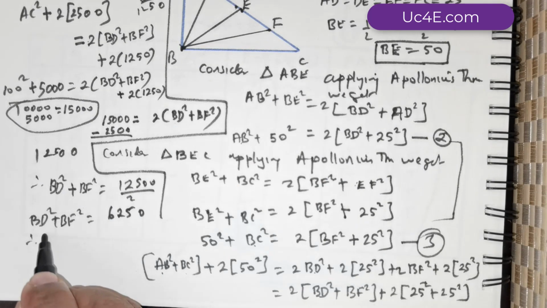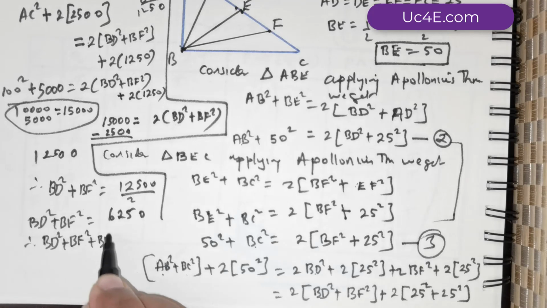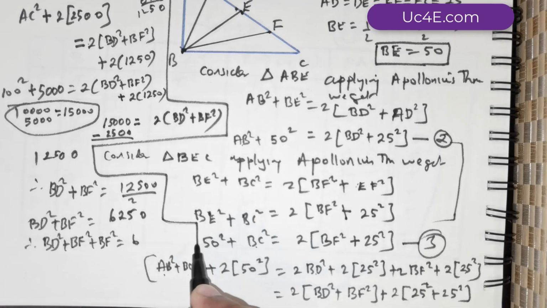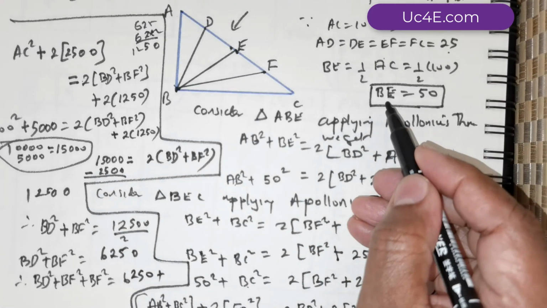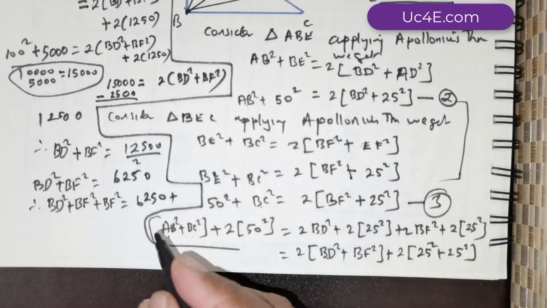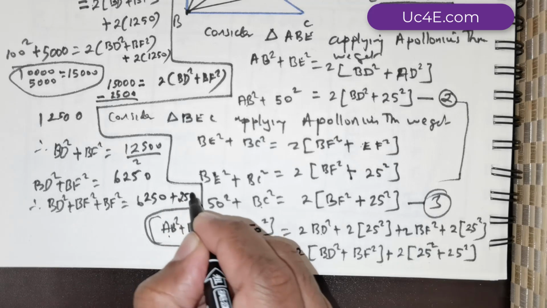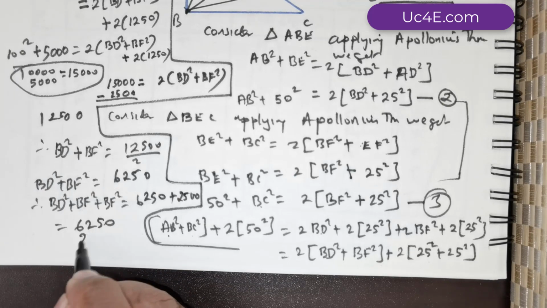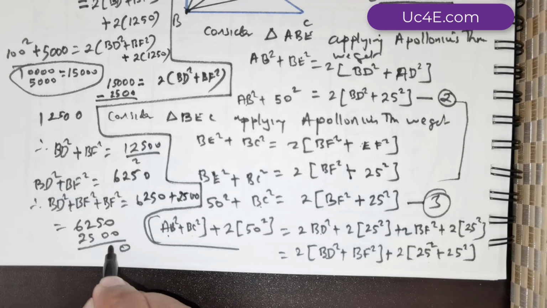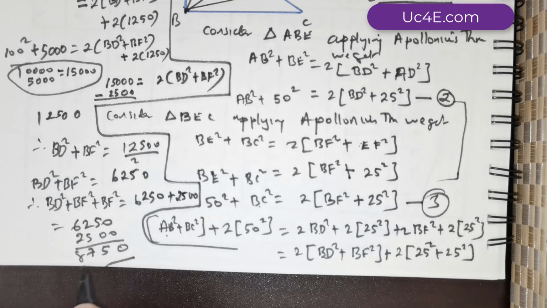Therefore BD squared plus BF squared plus BE squared is equal to 6250 plus BE squared. What is BE? BE is 50, so BE squared is going to be 2500. So it's nothing but 6250 plus 2500, which is 8750. So this is the value you are getting.